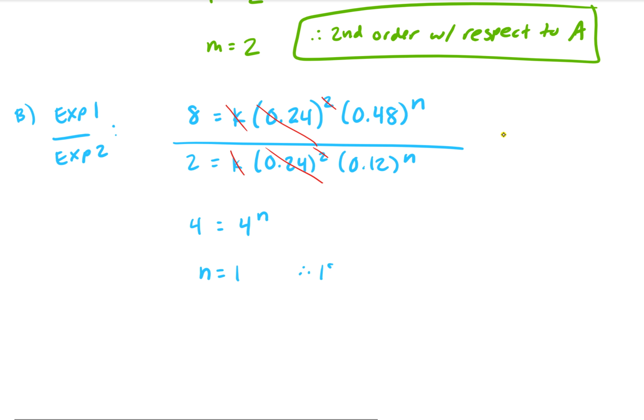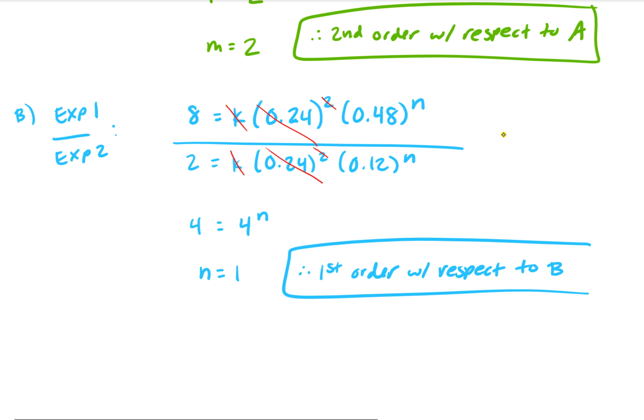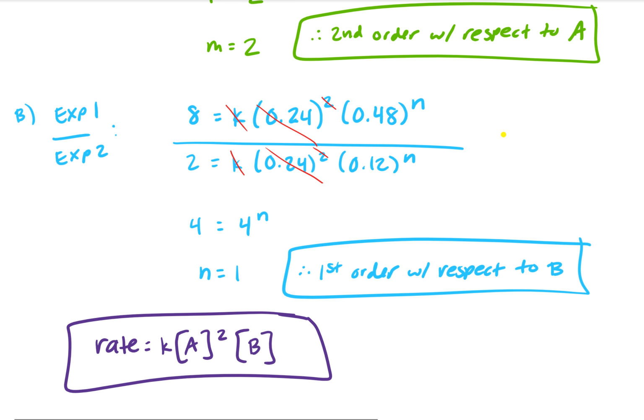So therefore, this is first order with respect to B. And so the rate law would be rate is equal to baby k times the concentration of A to the second times the concentration of B to the first, and the overall order would be equal to 2 plus 1, it would be third order overall.